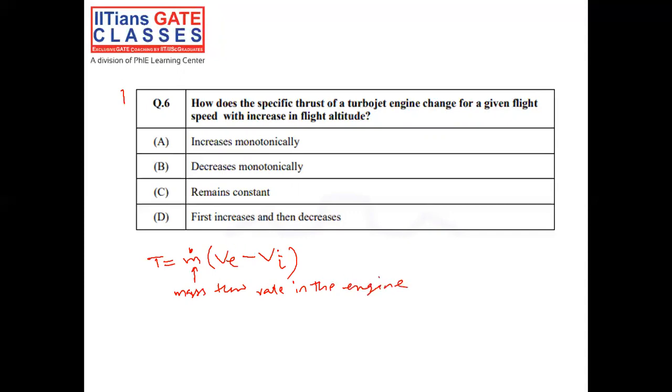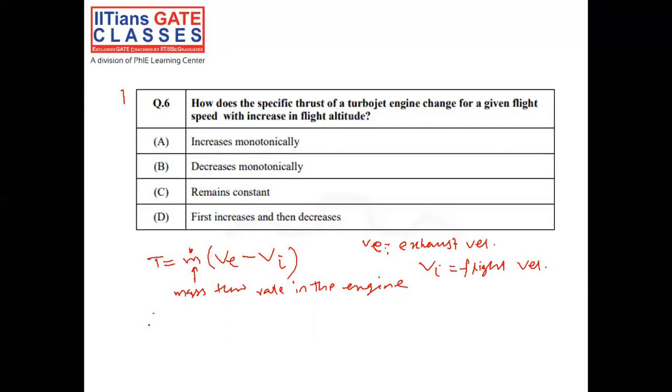Ve is exhaust velocity, and Vi is basically flight velocity. Of course, we are ignoring the pressure thrust in this equation.